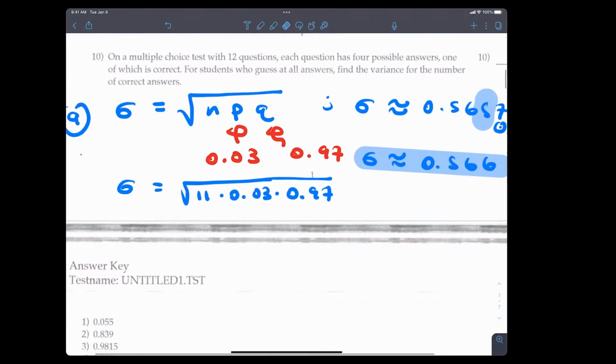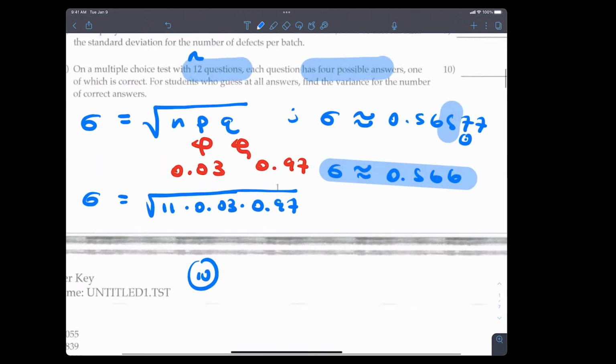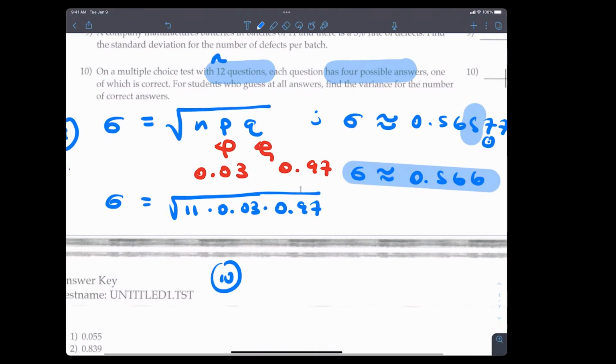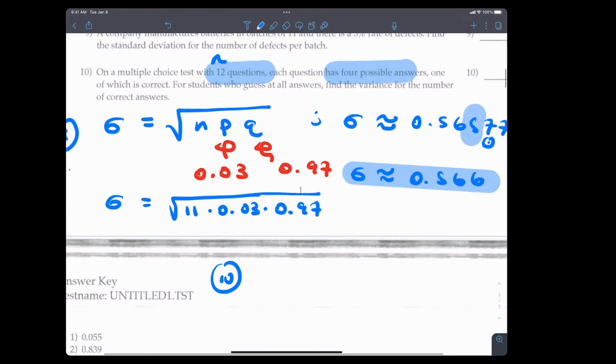On a multiple choice test of 12 questions, now we've seen this kind of stuff, N is 12. Each question has 4 possible answers again. Oh, we've seen this. You're going to guess, one of which is correct.